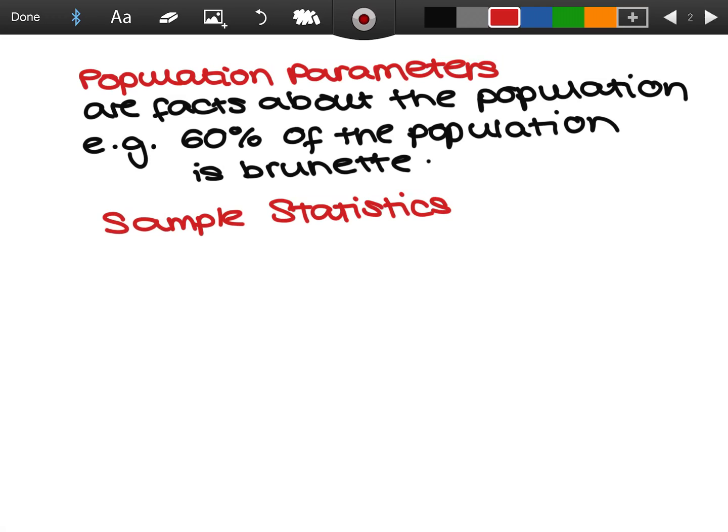There's a couple of other terms that we need to be aware of. The next one is something called a population parameter. Population parameters are just facts about the whole population. So a population parameter is just a fact about my whole population.